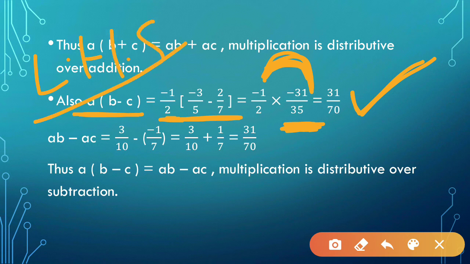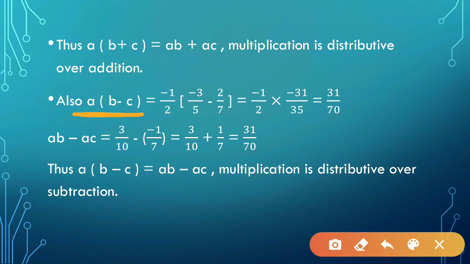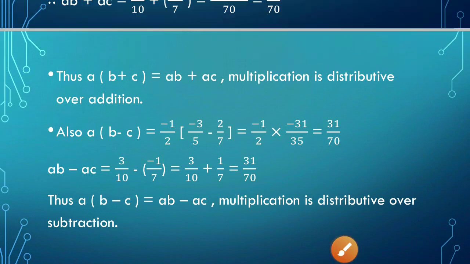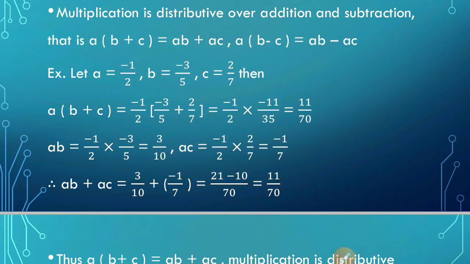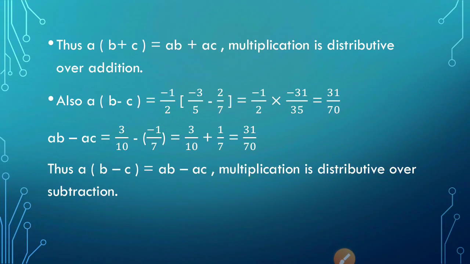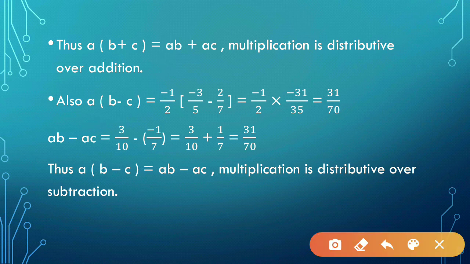Now solve the right hand side. What is the right hand side? AB minus AC. We already know the value of AB. The value of AB is 3 by 10, and the value of AC is minus 1 by 7.